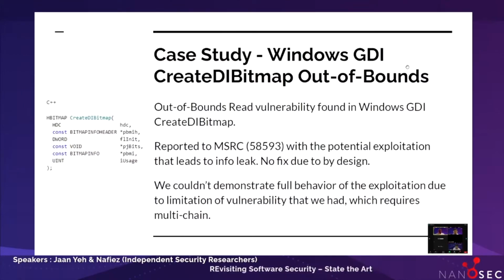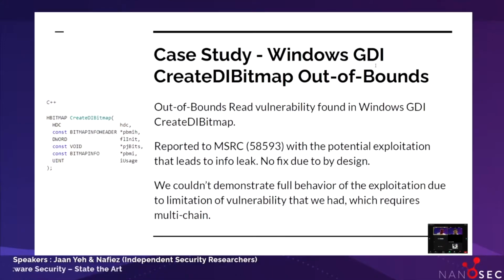And yep, this is one of the case studies that we have exploited. We wanted to show more, but this is one of the easiest exploits that we have written in a modern exploit.